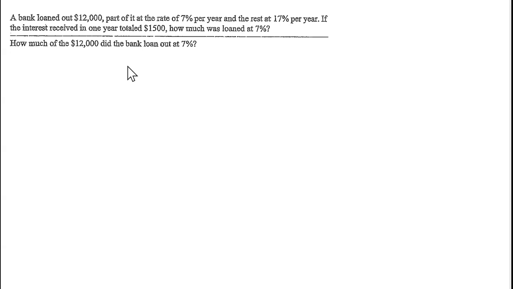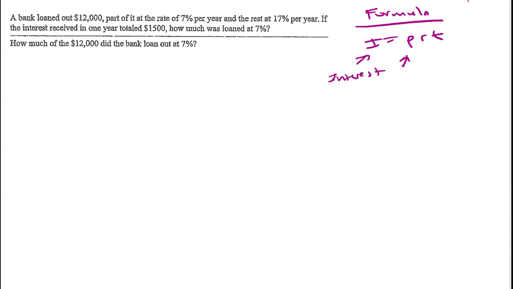Okay, so in this particular problem, the formula we're going to be using is I equals PRT. I represents the interest, of course. P is the principal, or the money borrowed.